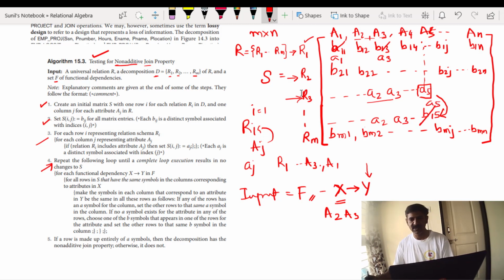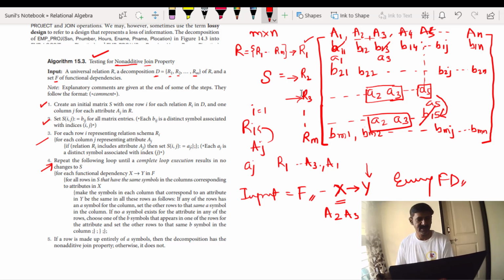Do this only if the values in the X columns match for two rows in matrix S, and if one of the values is an A and the other is a B, you have to replace that B by A. Now you have to keep doing this for every FD until no changes happen.